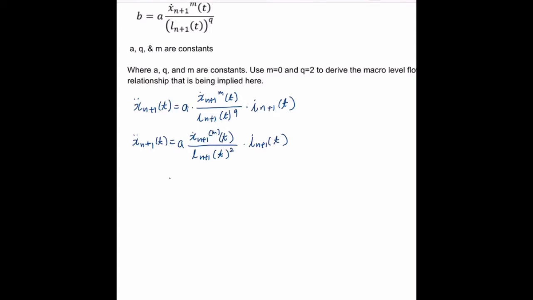So if you rewrite this, the top here, this is 0, so because the exponent is 0, it becomes 1. A times 1 over the space headway squared, times the relative speed here.